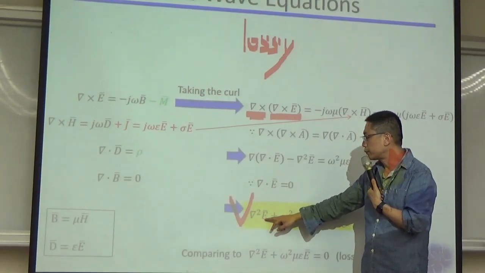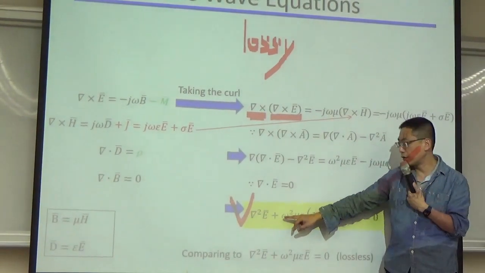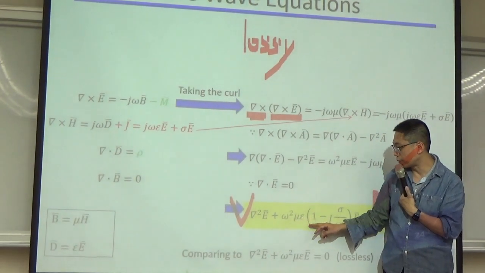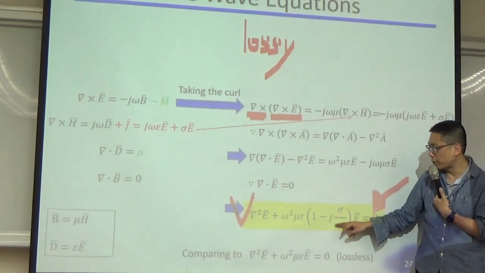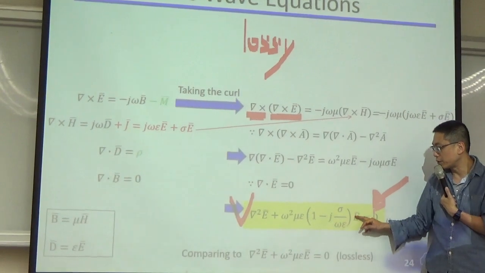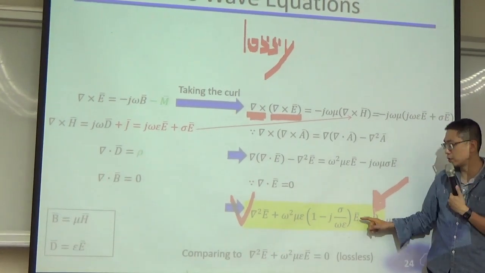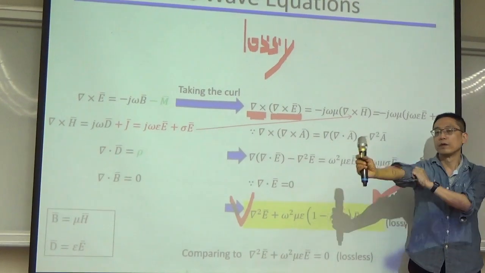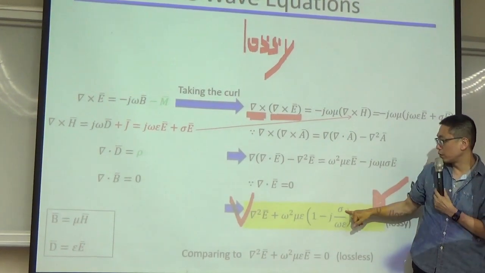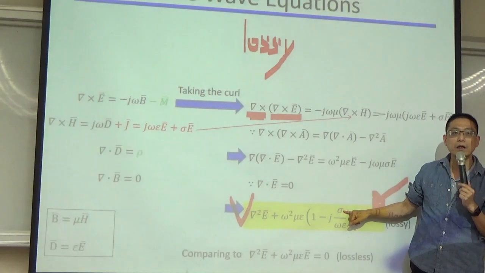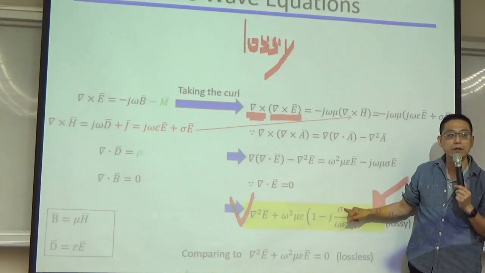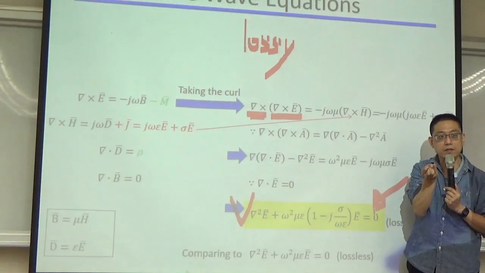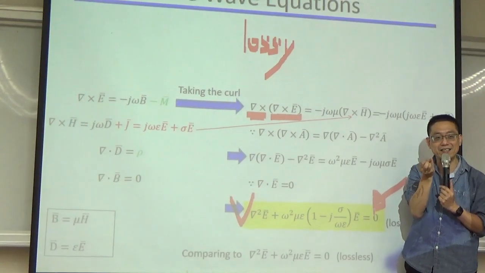This is the Laplacian of your E field plus omega squared mu epsilon. Now you need to multiply an extra term, times the E field, equals 0. This is some more term because your conductivity is not 0 anymore. It is some small number, but it exists.